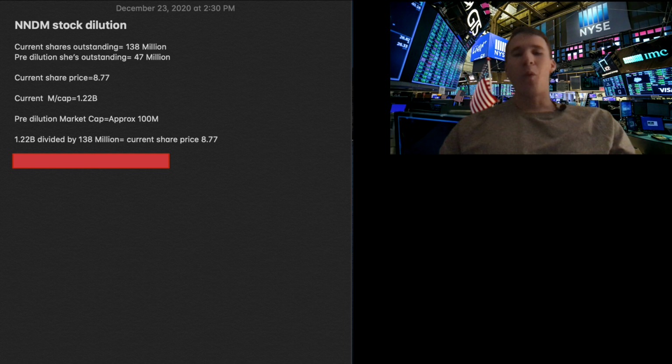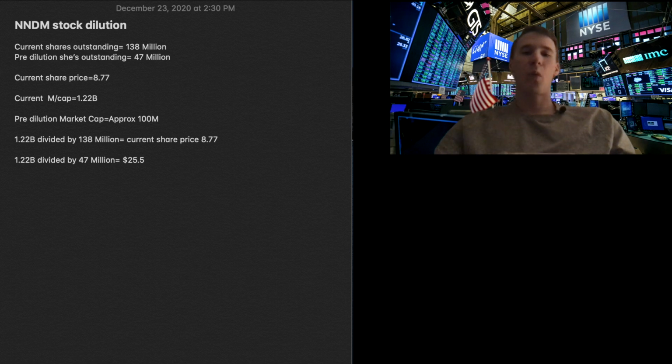But if we wanted to calculate what the share price would be pre all of this dilution, what we do is take the current market cap, 1.22 billion, divide that by 47 million, which used to be the outstanding shares, and we get a share price of $25.50.